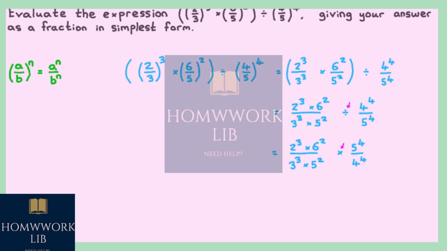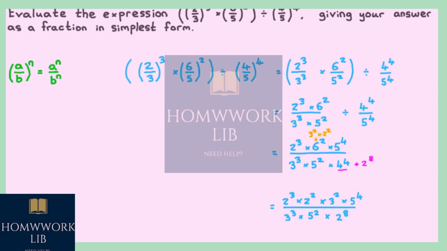So instead of dividing by 4 raised to the 4th power over 5 raised to the 4th power, we can multiply by its reciprocal to obtain the following expression. We can then, once again, multiply the numerators and denominators separately. This gives us 2 cubed times 6 squared times 5 raised to the 4th power, all divided by 3 cubed times 5 squared times 4 raised to the 4th power.